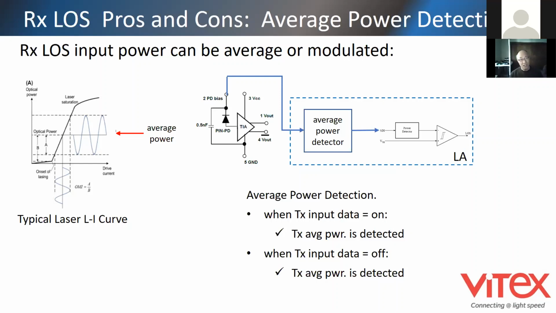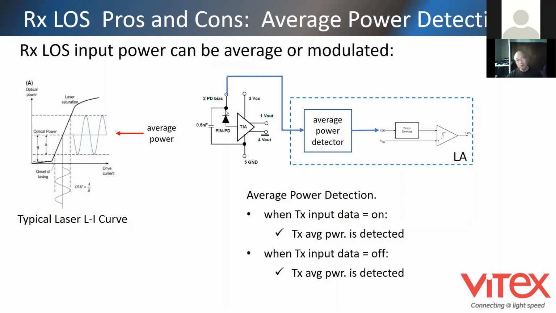On the left side is a pretty typical laser LI curve. Nowadays, all lasers are biased like an AC couple. So when the input data is absent, the output power indicated here becomes the average power to the receiver. So it will be the same with and without the modulated signal, right?